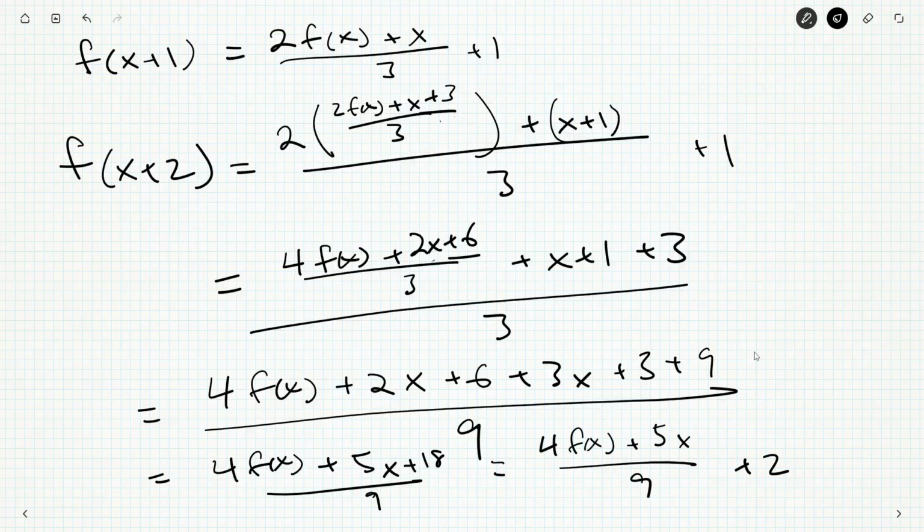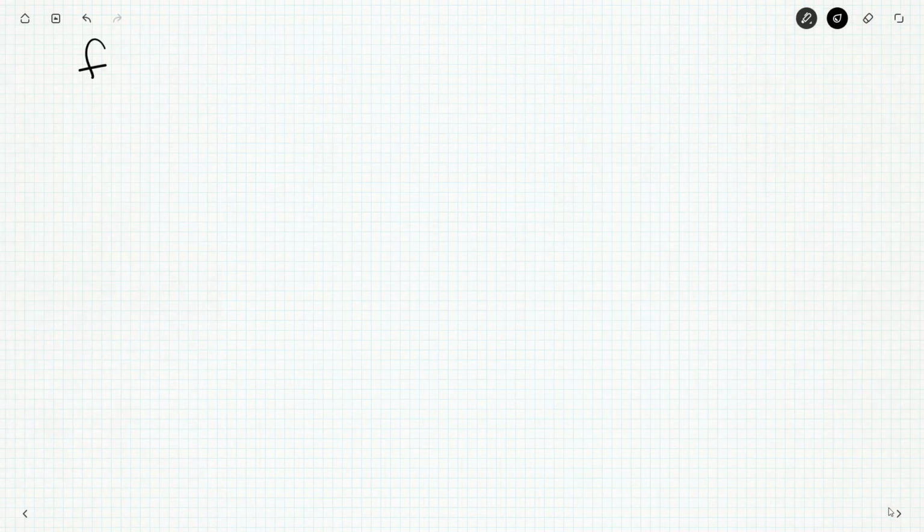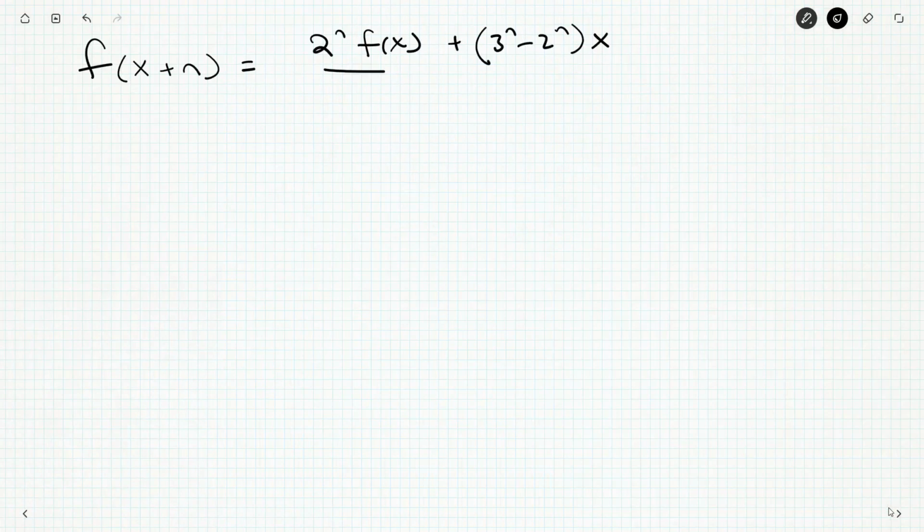And I suspect the next one will be, so I think f of x plus n will be 2 to the n f of x plus 3 to the n minus 2 to the n x, plus n, and this will all be over 3 to the n.